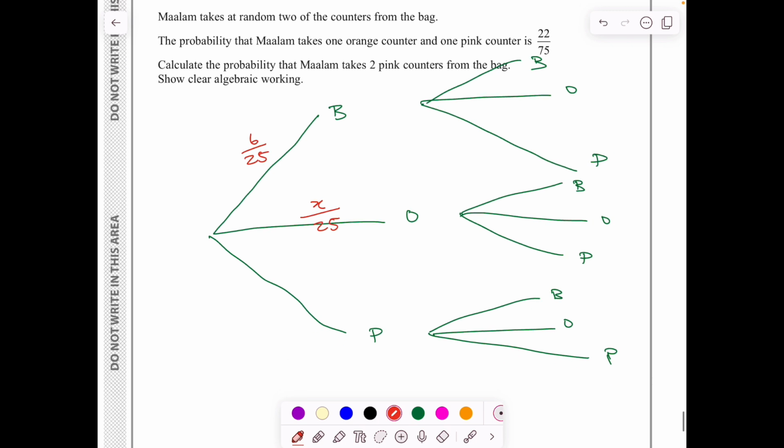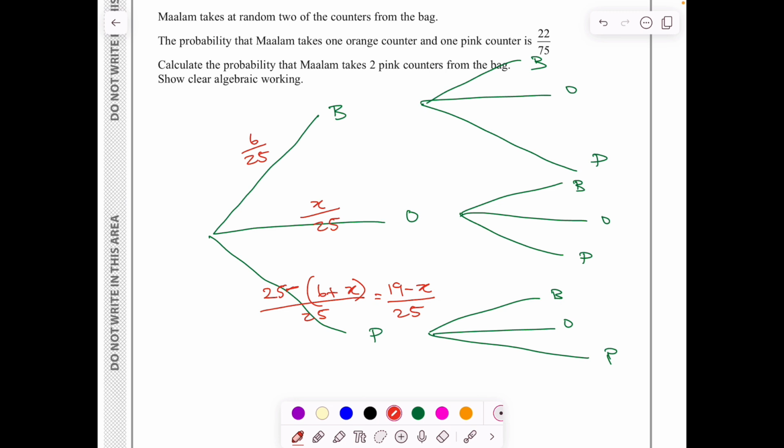So I would need to do 6 plus X and then subtract that from 25 to find out how many are left. 25 take away 6 is 19, so it's 19 minus X over 25.